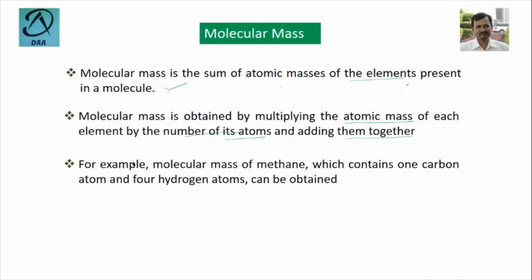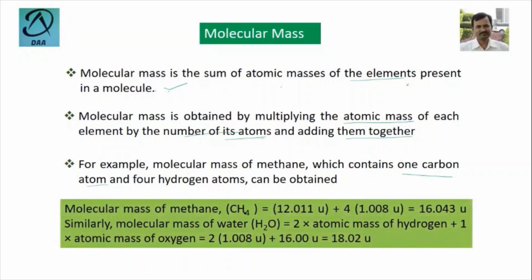For example, the molecular mass of methane, which contains 1 carbon atom and 4 hydrogen atoms. We have to remember here that for any element, carbon or hydrogen, we always count the average atomic mass.